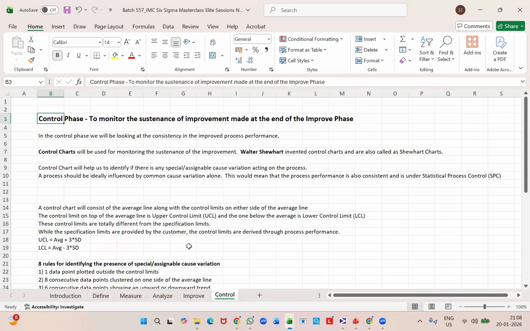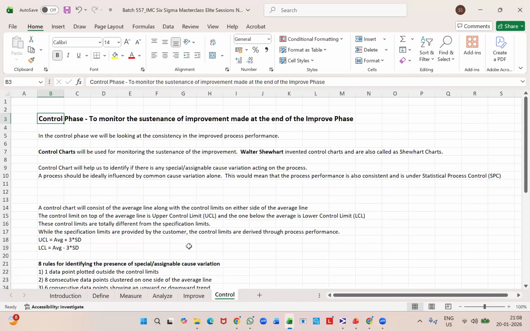Once we have attacked the sources contributing to the process variation, we would be able to make the process performance much more consistent, right? So when we have made the process performance much more consistent, we can be rest assured that the improved performance will be sustained over a period of time.